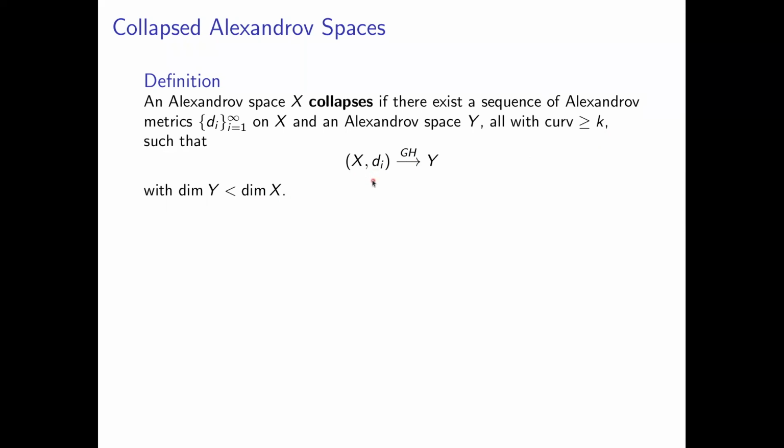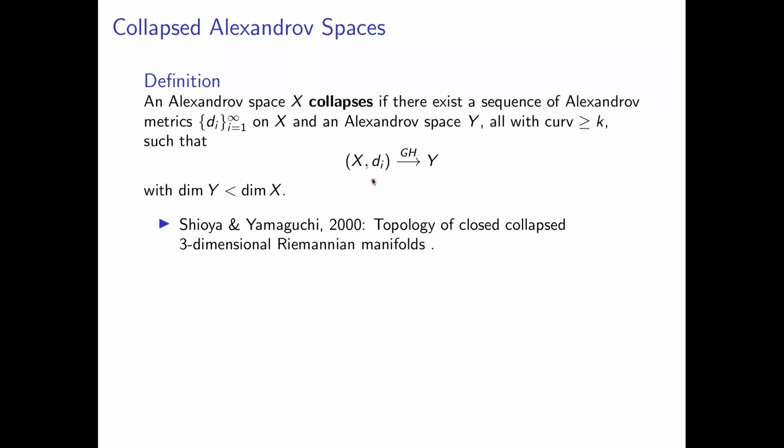Now Shioya and Yamaguchi studied the topology of closed collapsed Riemannian manifolds in 2000. So in particular, you can cross this off and put Riemannian manifold here. This turned out to be useful in the proof of geometrization.